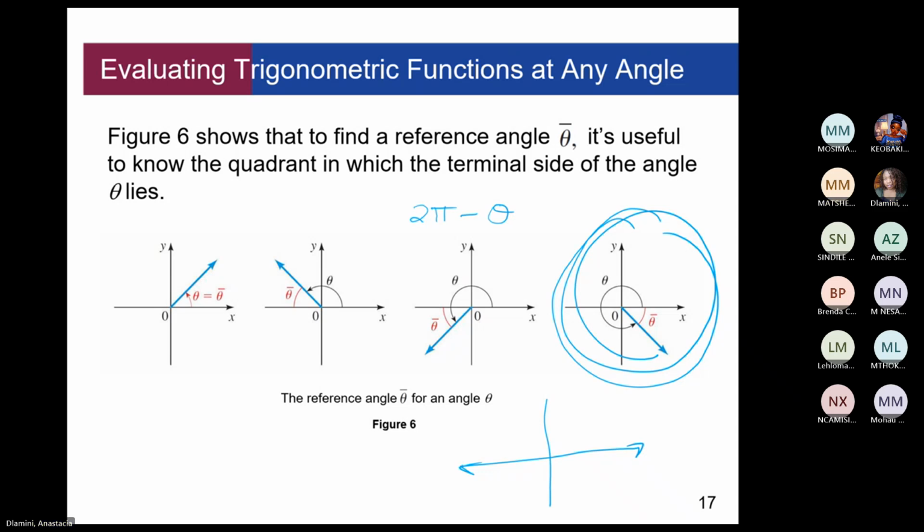But if you move from here and you move like this, we said that angle is the reference angle. Do you remember that one? I'm just reminding you so that you don't forget. Okay, thank you.